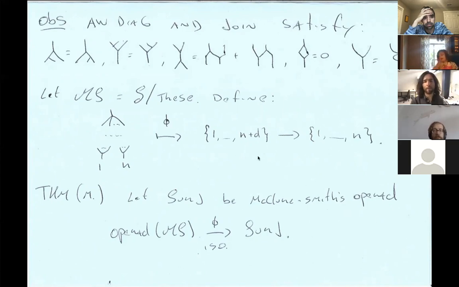Namely, the Alexander-Whitney diagonal is co-associative, the join is associative. There's a sort of Leibniz relation between the two. There's an involutive property between the two, and the join is commutative.